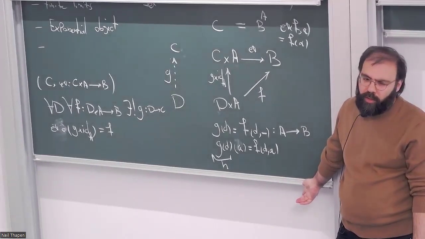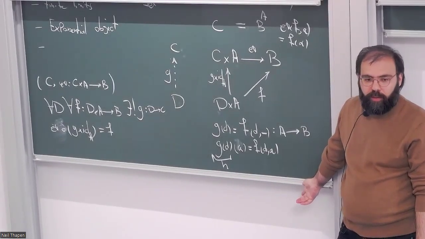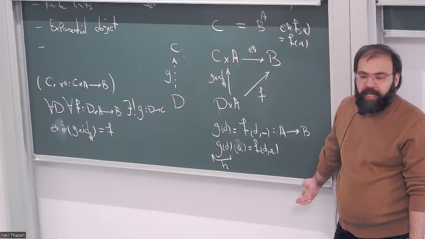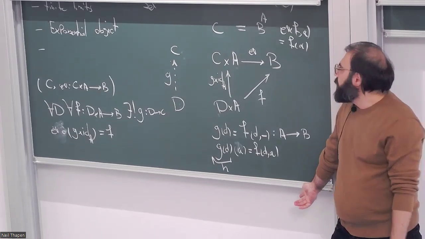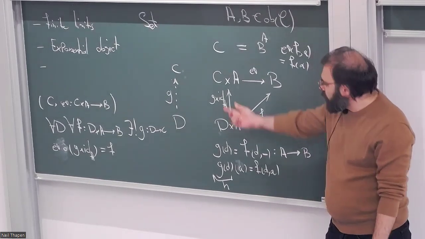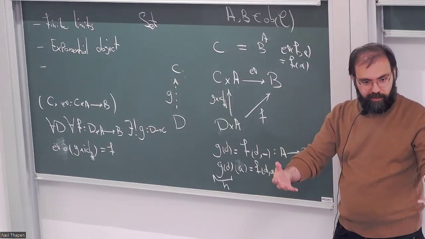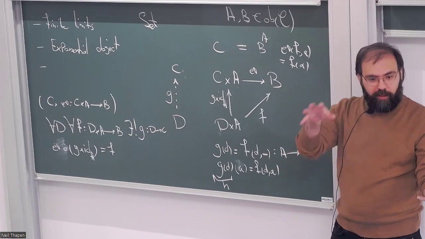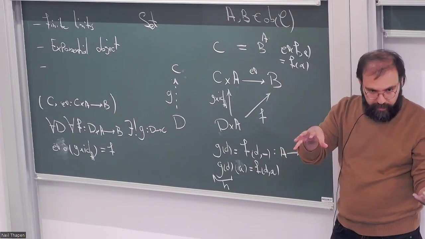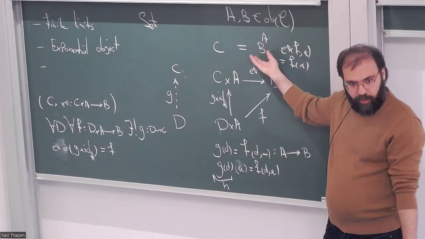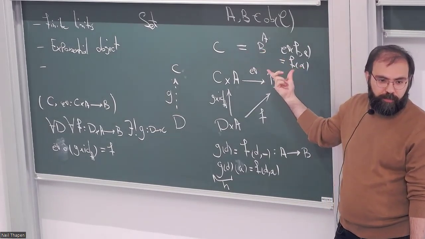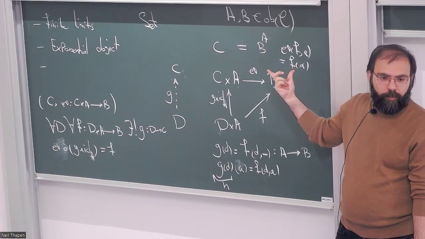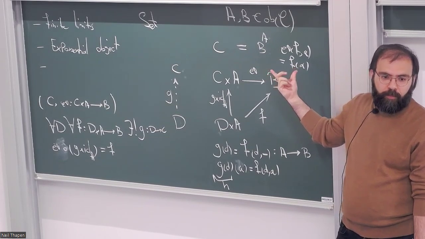What is the exponential object? Here, the exponential object technically is just a pair, right? So here it is just the set of all functions plus this evaluation function.